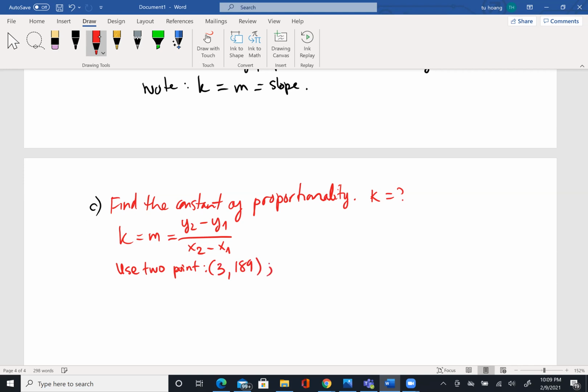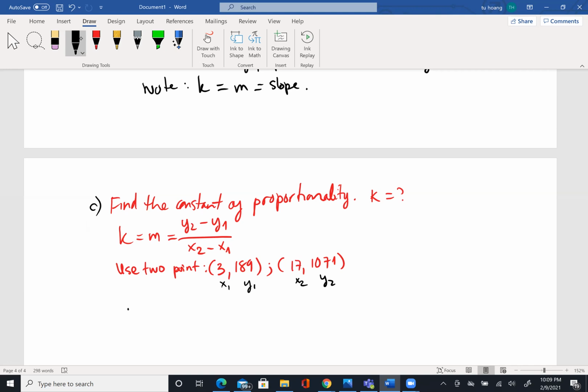The second one is 17, 1,071. I'm going to say here's x1, y1, and x2, y2.